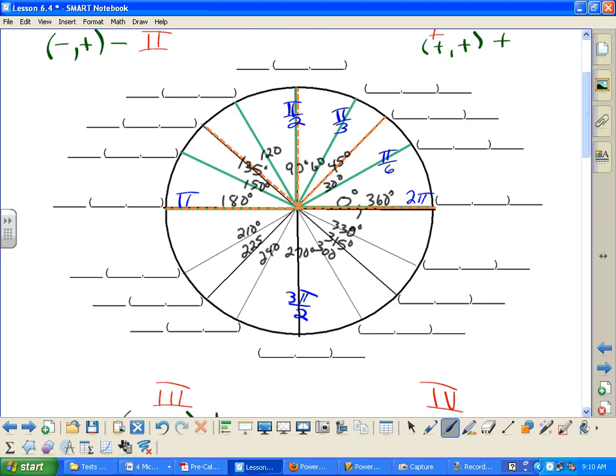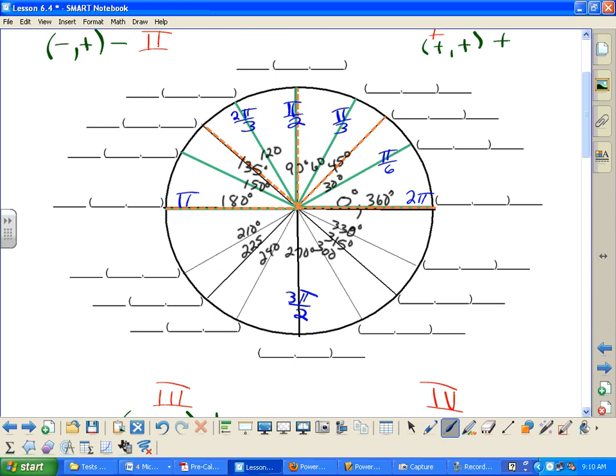And if I add another 1/6, so I have 2/6 and then 3/6, well, 3/6 is 1/2. Then I go to the next green one, I get 4/6, and 4/6 is 2/3, so 2 pi over 3.